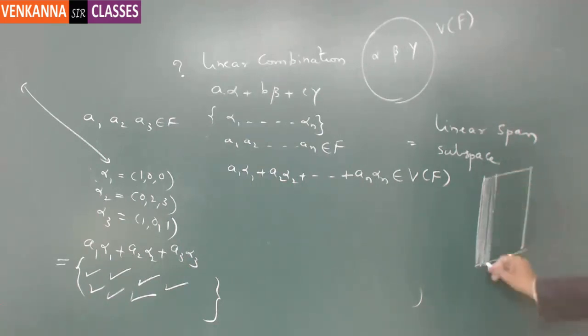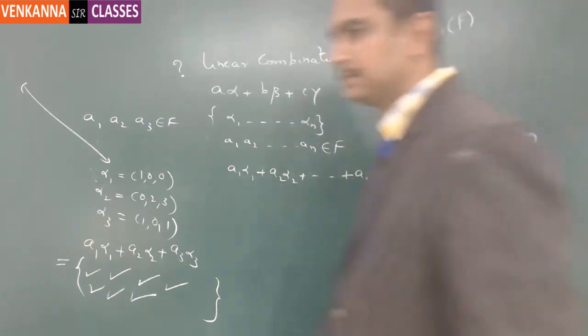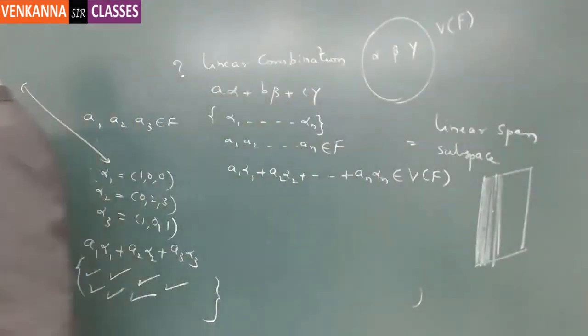Either you take vertically or horizontally, if you put all lines together, it will become the whole space, the subspace. Accepted? Yes or no? So linear span is nothing but all possible linear combinations. So all possible lines, you say, that will constitute a subspace for us. Okay.